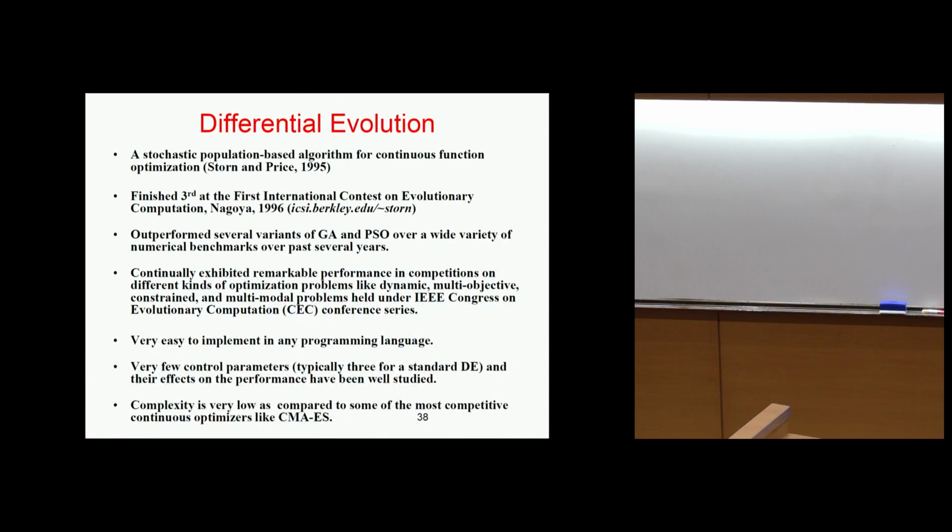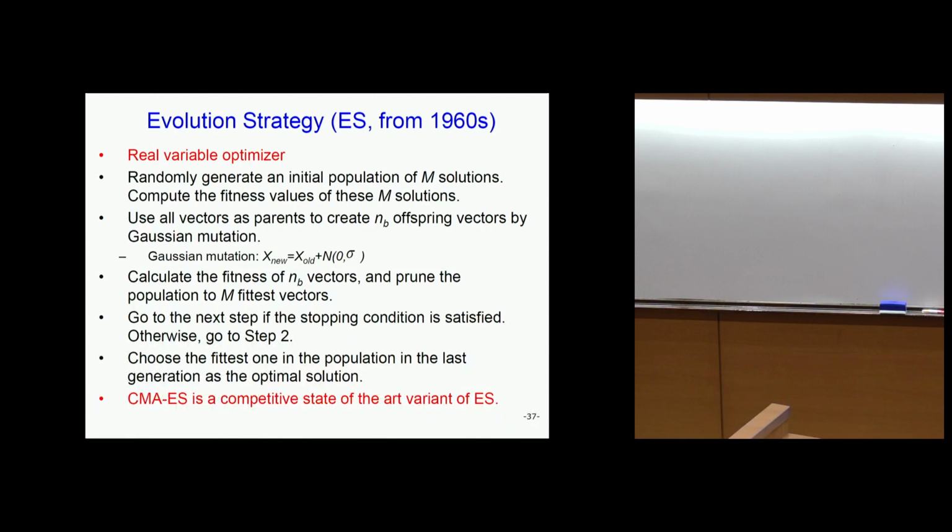So you take any problem instance, multi-objective, dynamic, single objective, multi-modal, constraint, take any of them, differential evolution is there at the top. And by the way, I have to tell you this, the CMAES I highlighted here is very good for single objective bound constraint, real variable optimization.